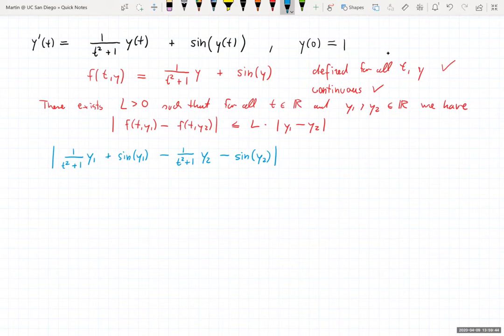It seems like a good idea to group these terms and apply the triangle inequality. So we bound this from above by the absolute value of 1 over t squared plus 1 times y1 minus 1 over t squared plus 1 times y2, plus the absolute value of sine of y1 minus sine of y2.